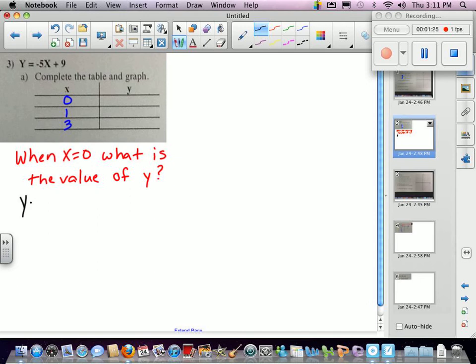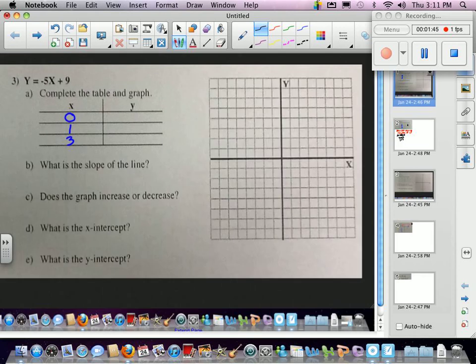We're going to substitute in negative 5 times 0 plus 9. That gives us 0 plus 9, because negative 5 times 0 is 0. Anything times 0 is 0. And that gives me y is equal to 9. So we're going to have 9. I'm going to go back to the other chart real quickly and put a 9 up there before I forget.